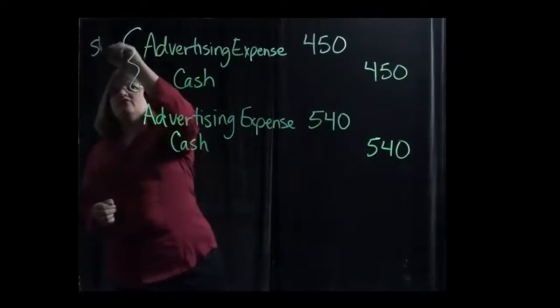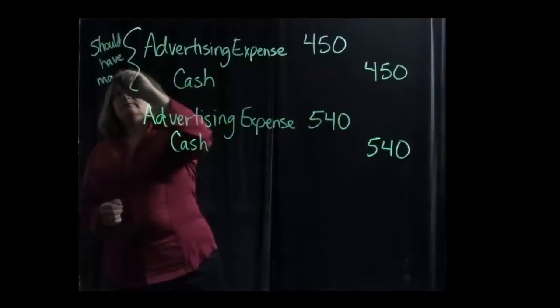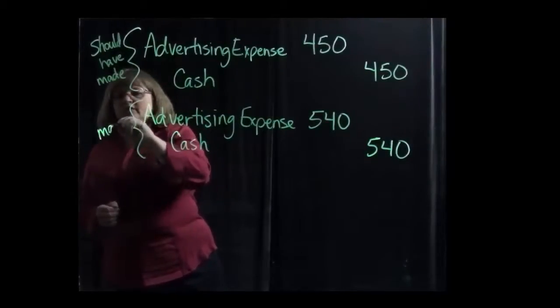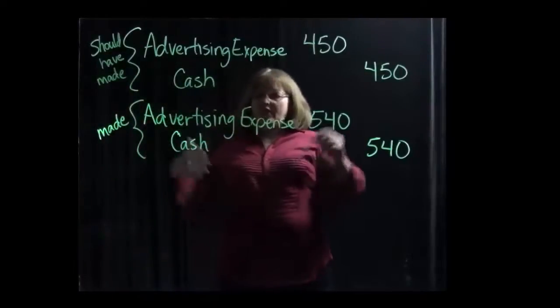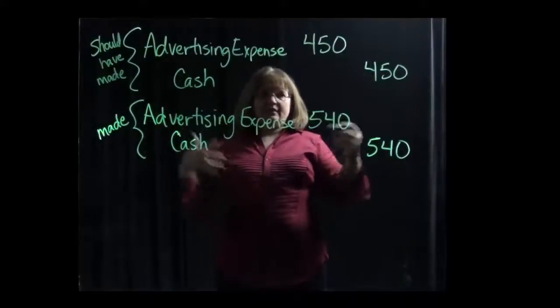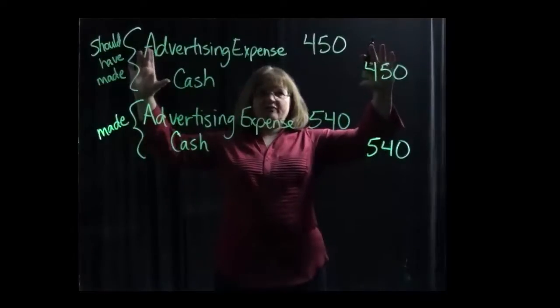Okay, so this is what the entry should have been, and this is the one that was made. So the question is, how do we get this back to that? This is the entry that was made. This is the entry that should have been made.